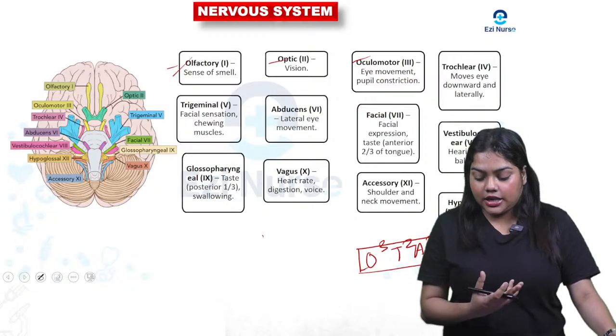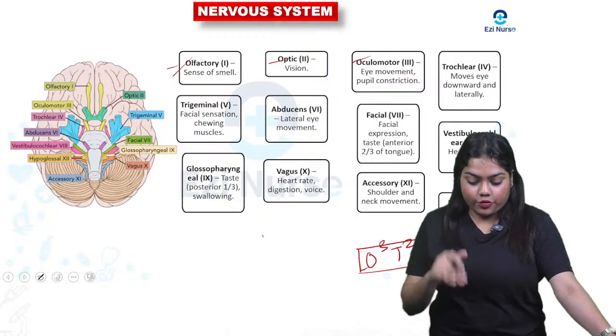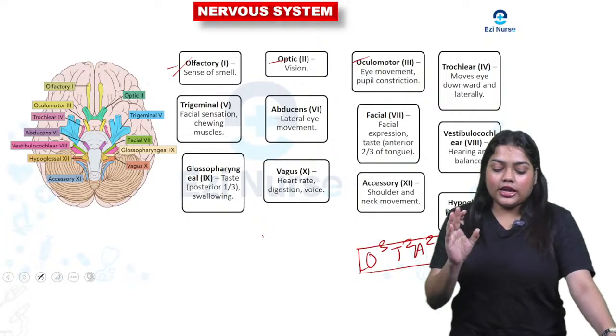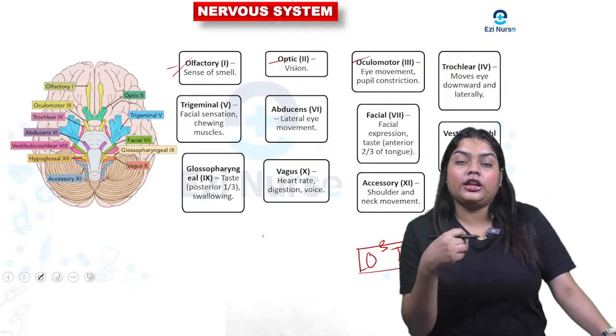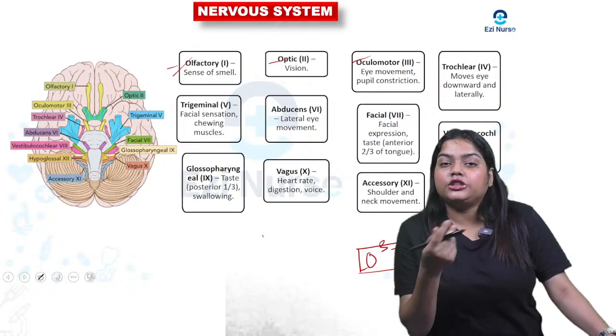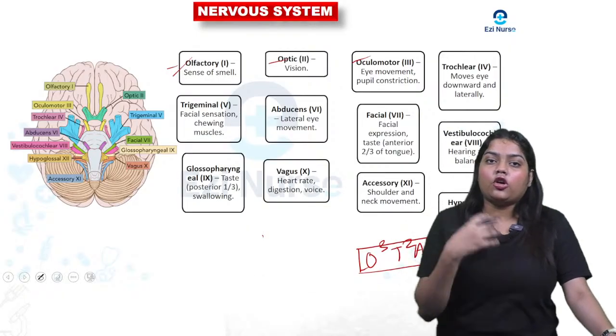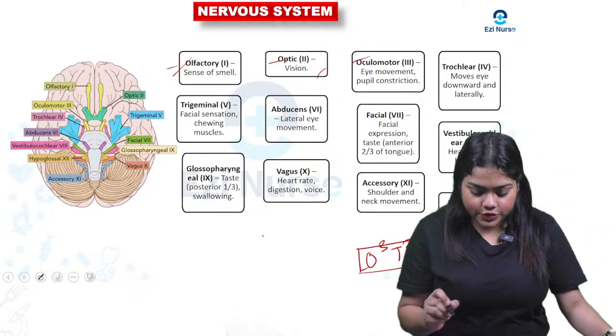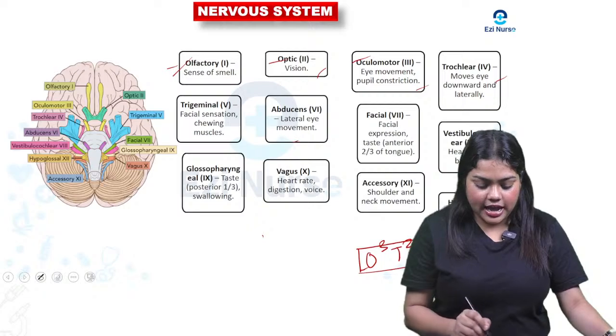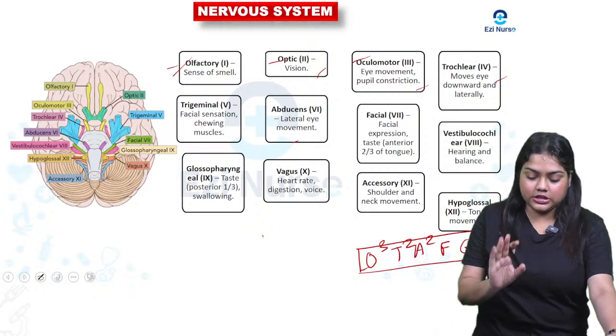Trochlear helps in moving the eye downward and laterally. Here is a point: if a question comes asking which nerves are involved in eye movement or eye function, you have to call out four nerves: optic, oculomotor, trochlear and abducens. Abducens I'll discuss later, just wait.